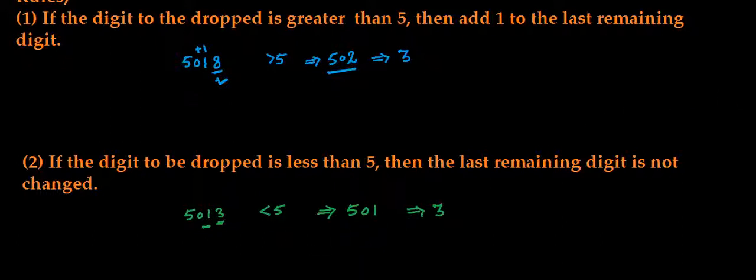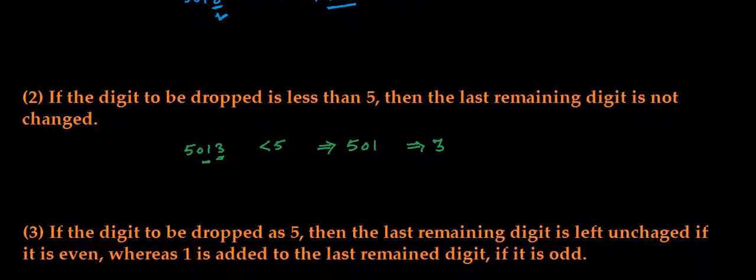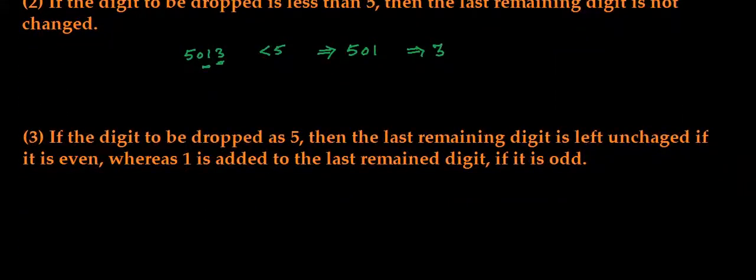What is rule number three for rounding off? If the digit to be dropped is 5, then the last remaining digit is left unchanged if it is an even number, whereas 1 is added if the last remaining digit is an odd number. For example, 5015 and 5065.